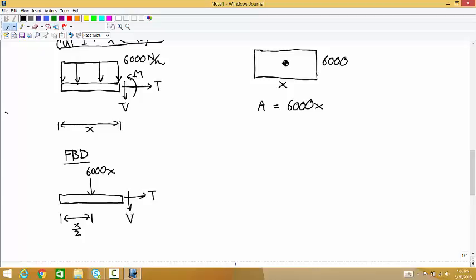And then the internal loads. So Newton's second law says 0, negative 6,000x, plus t, negative v is equal to zero.